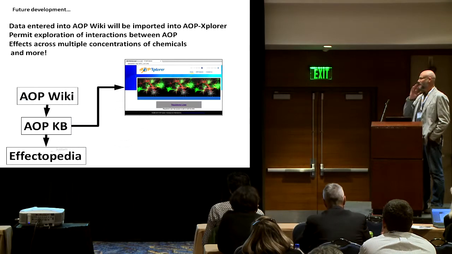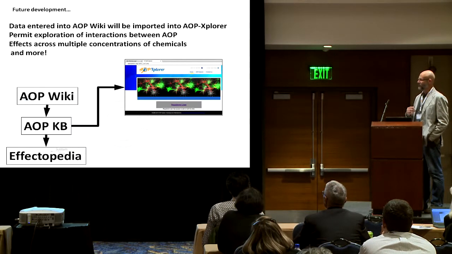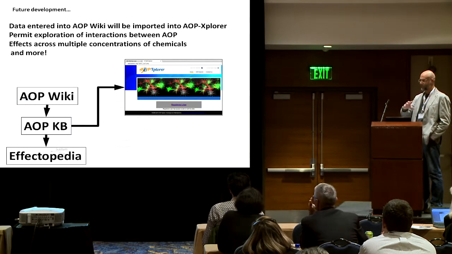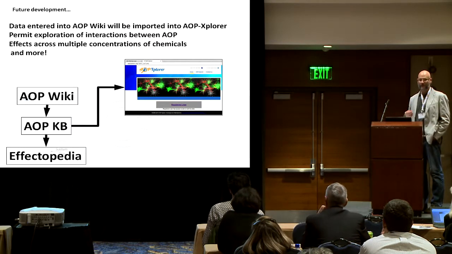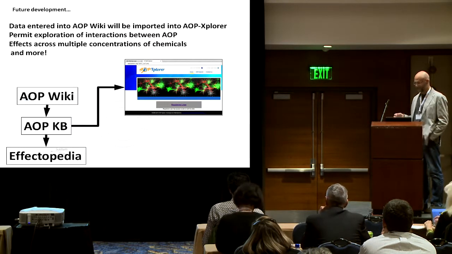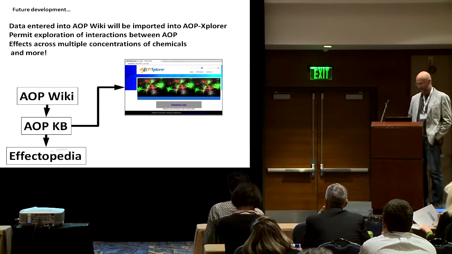So right now, we're working on trying to connect it essentially to the AOP wiki through the AOP KB so that we can port information that's filled into the wiki directly into the AOP Xplorer so you can look at multiple pathways.